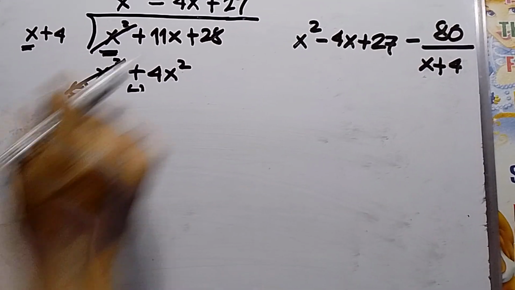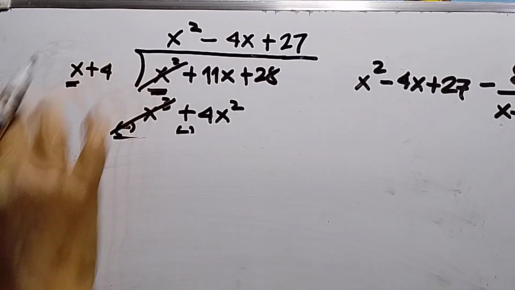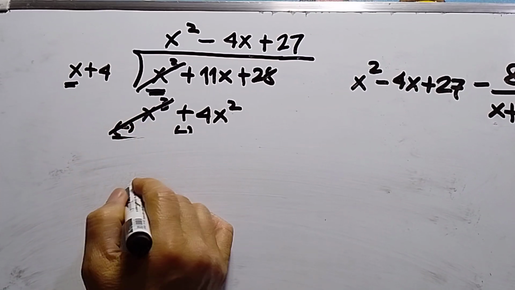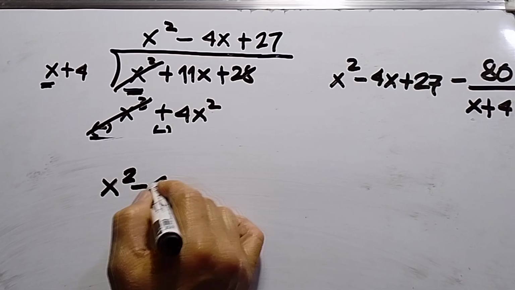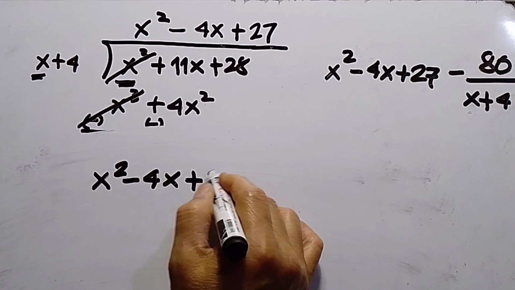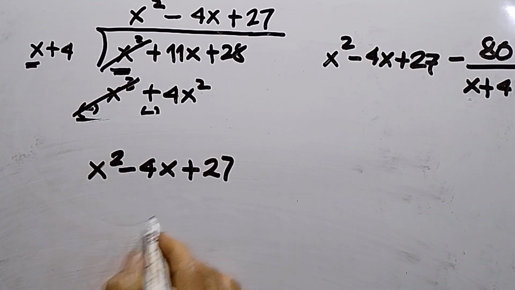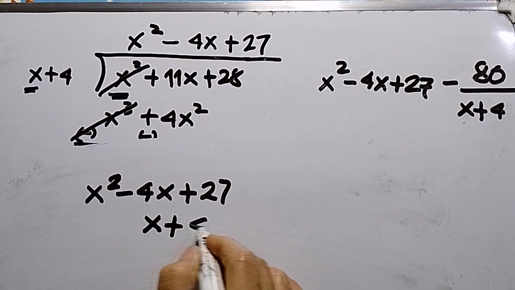To check, just multiply the quotient and the divisor. So the quotient is x squared minus 4x plus 27. Then multiply by the divisor, x plus 4.